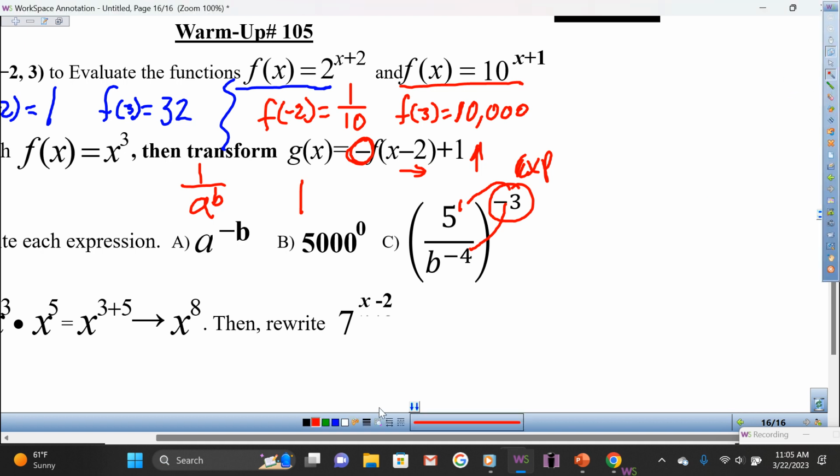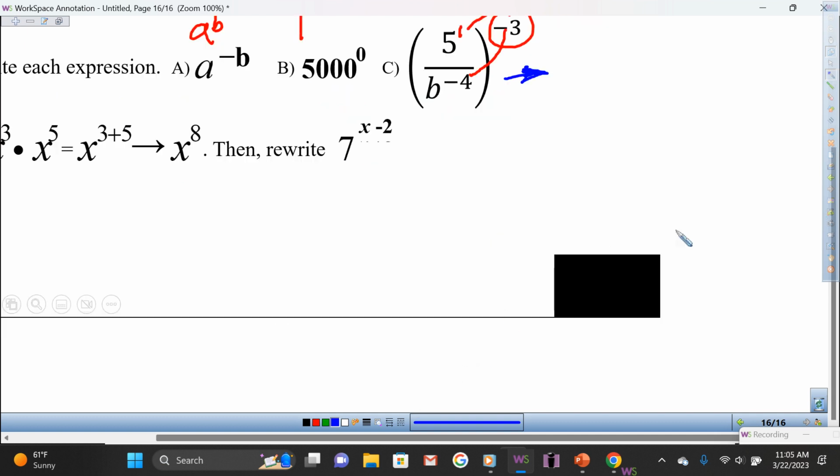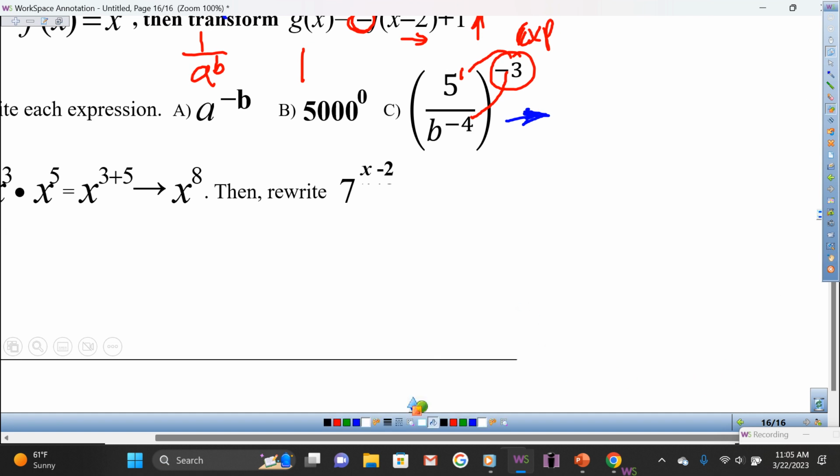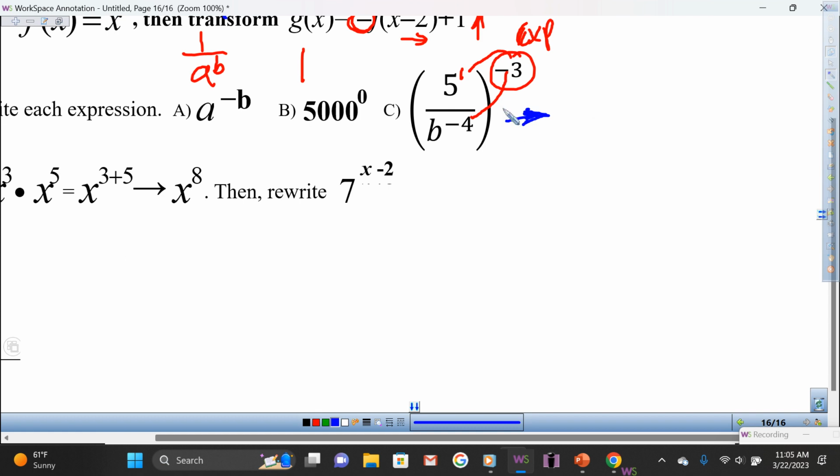All right, Frida, pass someone. Who? Diego Romo. Help him out, Diego Rosas. All right, let's go over this step by step. This becomes 5 to the negative 3 over b to the what, Diego Rosas?